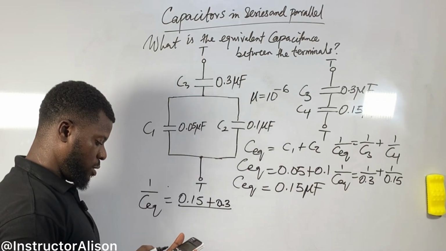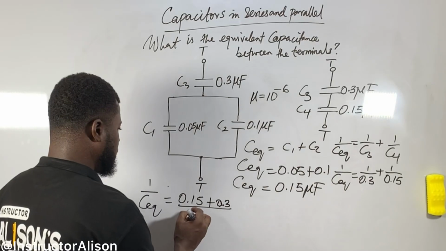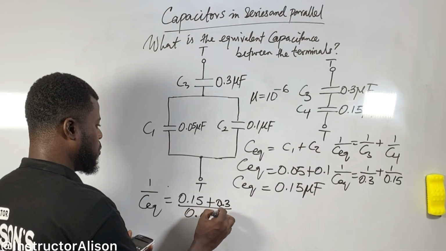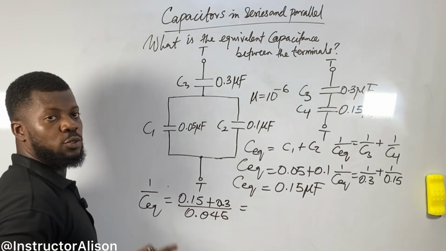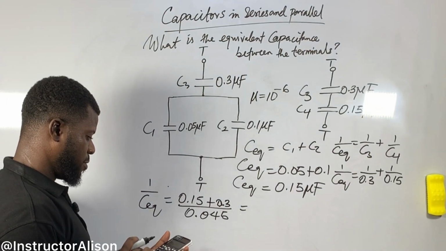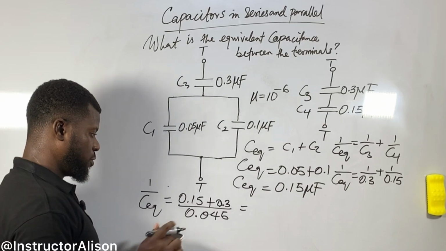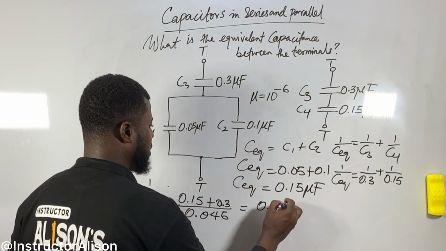Make we check. 0.3 times 0.15 give me 0.045. So what you go do now? Add the numerator. 0.15 plus 0.3, what you give us? 0.45.